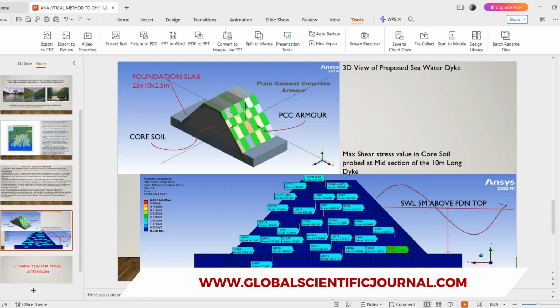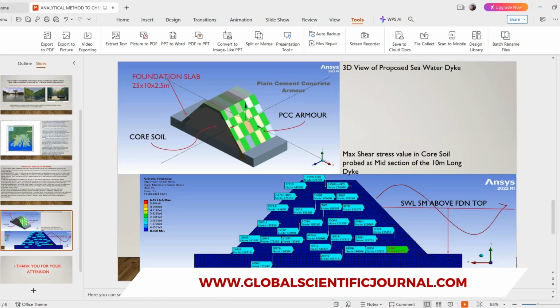The next slide is the picture of the proposed dike. You can see the 3D view of the proposed seawater dike. You can also see the maximum shear stress value of the core soil. The core soil is within these two arms; in between is the core soil.